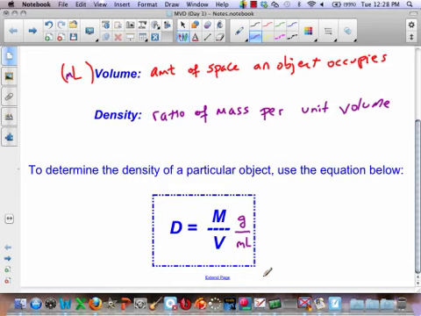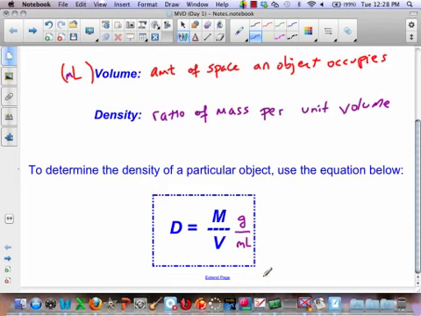How many of you have taken or are taking Algebra 1? Good. Cole, you're not taking that yet? Oh, okay. The reason I bring that up is unfortunately we're not always just asked to find the density.